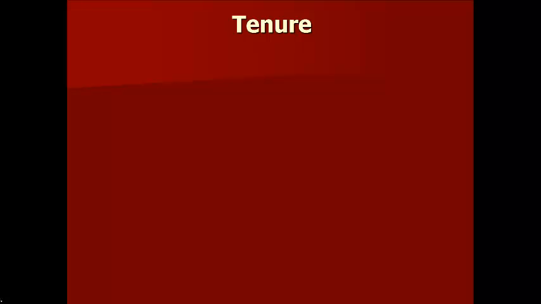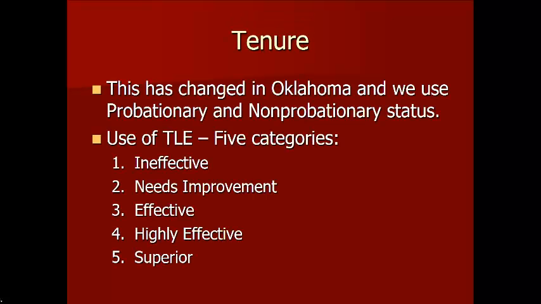So let's talk about tenure in Oklahoma first. This has changed in Oklahoma in recent years, as we now use predominantly probationary and non-probationary status. This comes from the Teacher Leader Effectiveness evaluation, the TLE. 98% of the districts, more than 500 of the 515 plus or minus districts, use the Tulsa model, TLE.